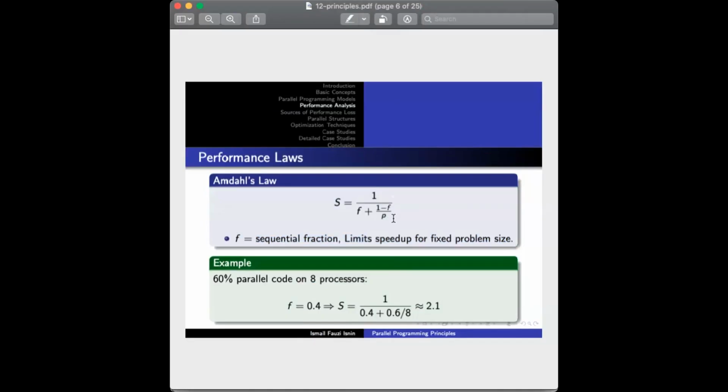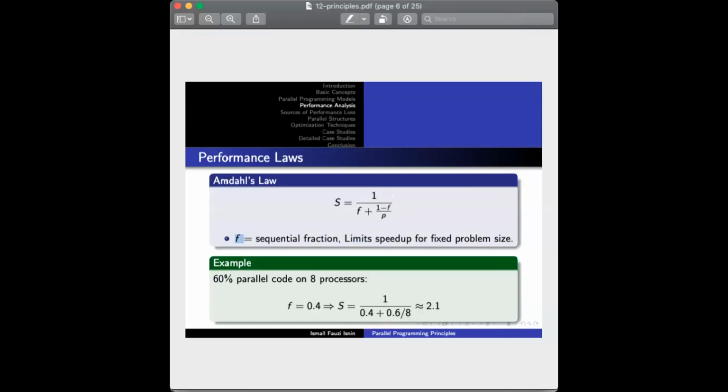Because the serial fraction F cannot be parallelized, it places a strict upper limit on our maximum possible speedup, regardless of how many hundreds of processors we add to a fixed size problem.